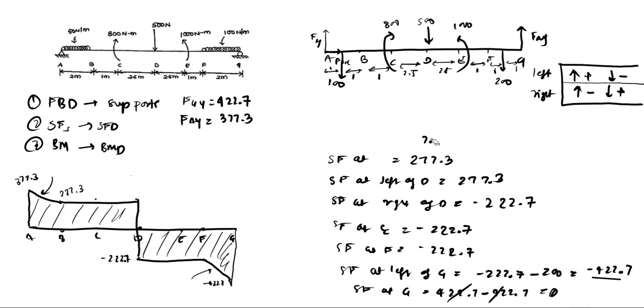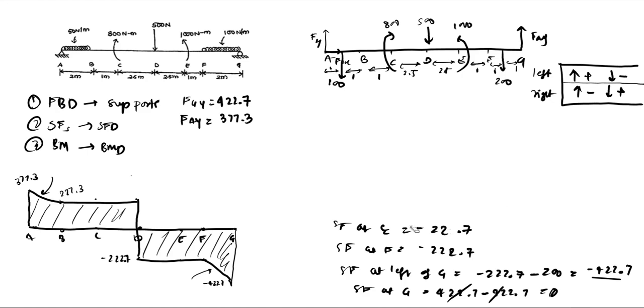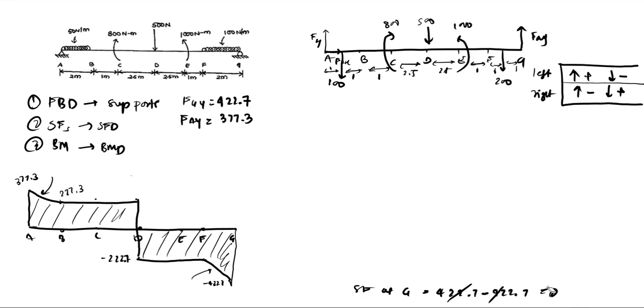Let us move on to the bending moment diagram, for which we need to calculate bending moment at every point, and left and right of the point if there is a sudden movement at that particular point. Which in our case, we have a sudden movement at points C and E. So we have bending moment at A and G will become 0, because they are the extreme points, and at extreme points the bending moment always becomes 0 unless there is a fixed support.